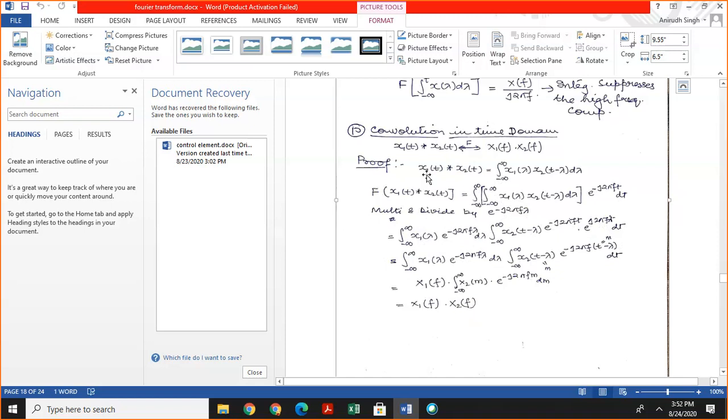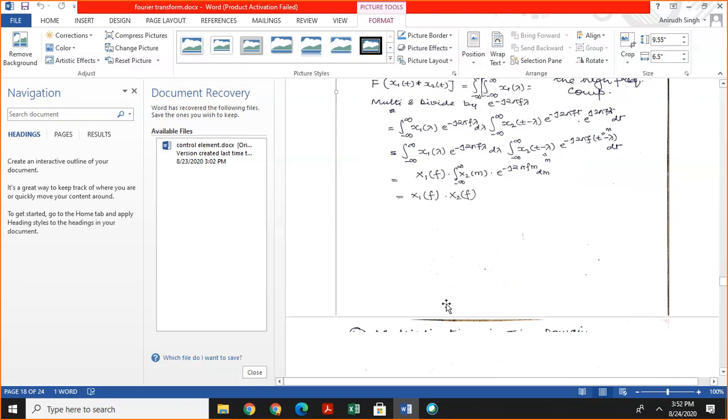So if time domain signals are convoluted in time domain, then their frequency domain signals are multiplied in frequency domain.